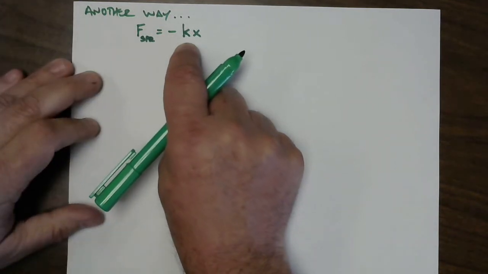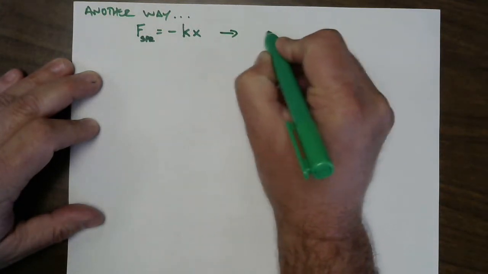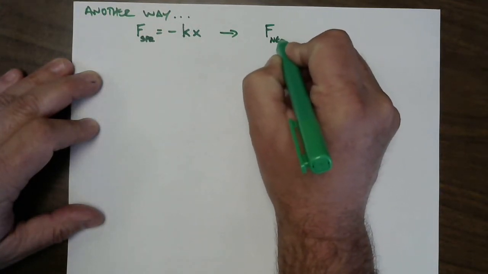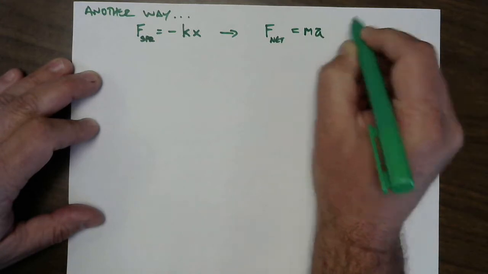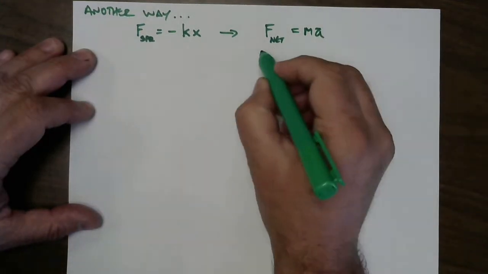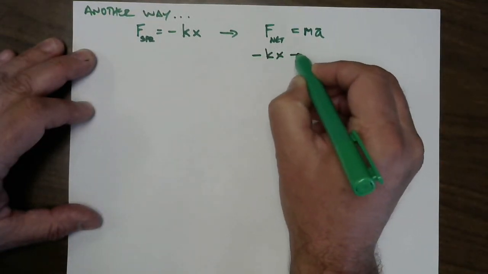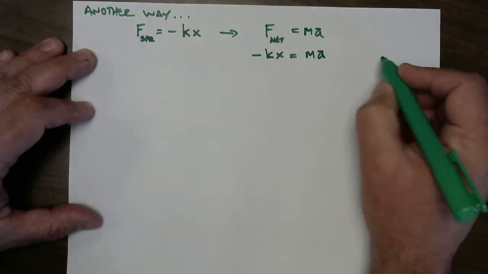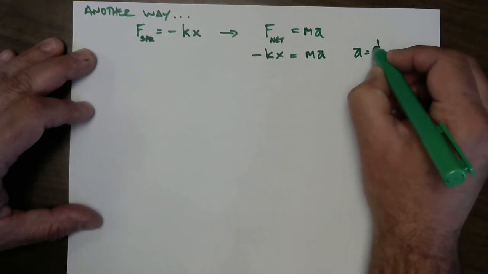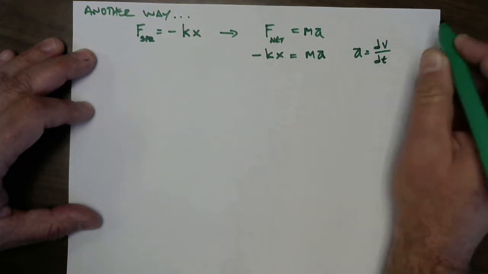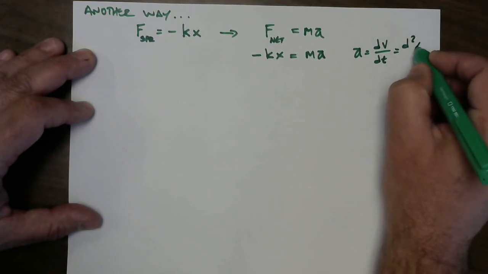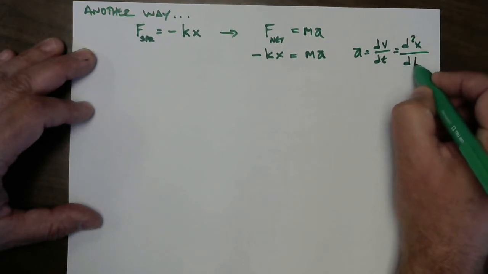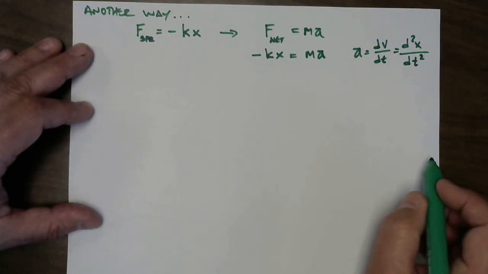So this needs to go into Newton's law, F net equals m times a. That would mean that minus kx equals m times a. But a is the derivative of the velocity, which means it's the second time derivative of the position.